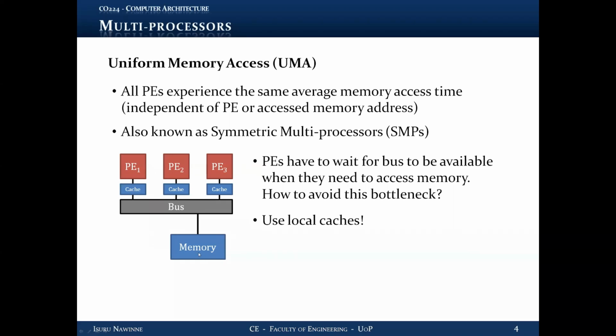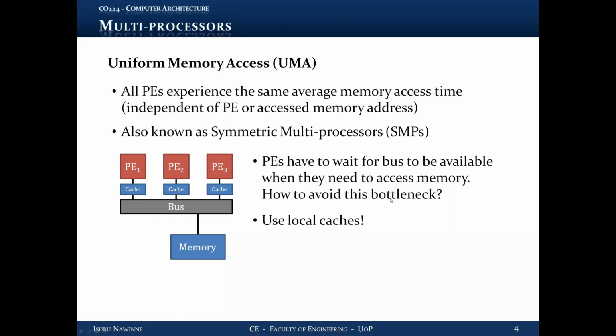So that is the core idea of caching, exploiting temporal and spatial locality available in computer programs. So we can use the same concept and have local caches, private caches for each processing element, right?